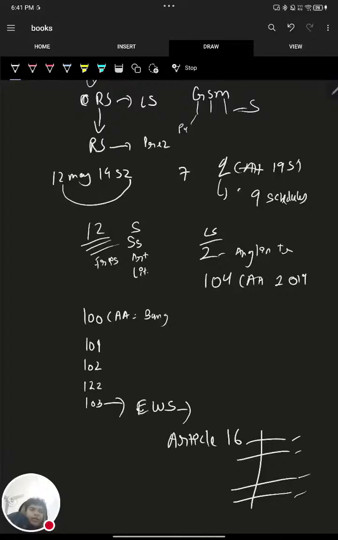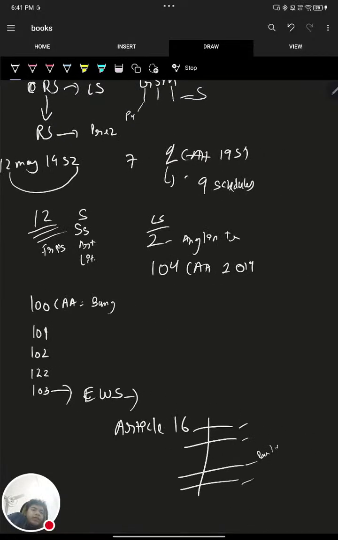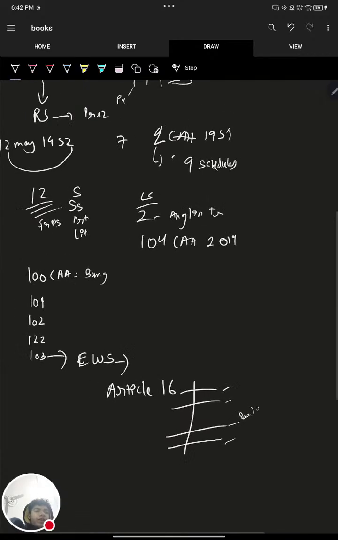Then third and fourth are provisions parliament can make to give some benefits to minorities, and the fourth clause is of the state. And the minorities, you should know, is in the education part, Article 29. This is pretty important. This is a PYQ, I would say. Article 29 symbolizes the term minorities.